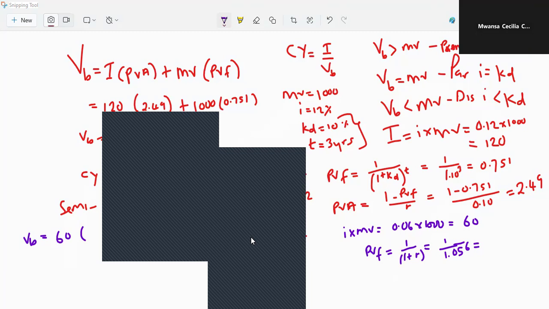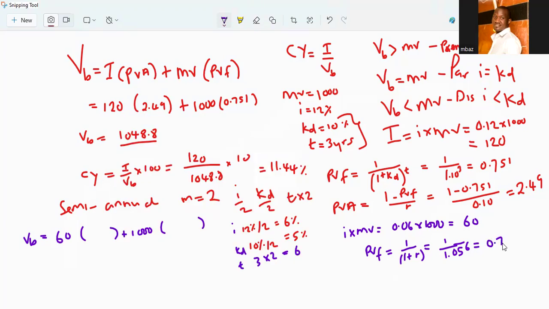So what do we do with the 0.746? We use it to calculate the annuity factor. How do we calculate the annuity factor?